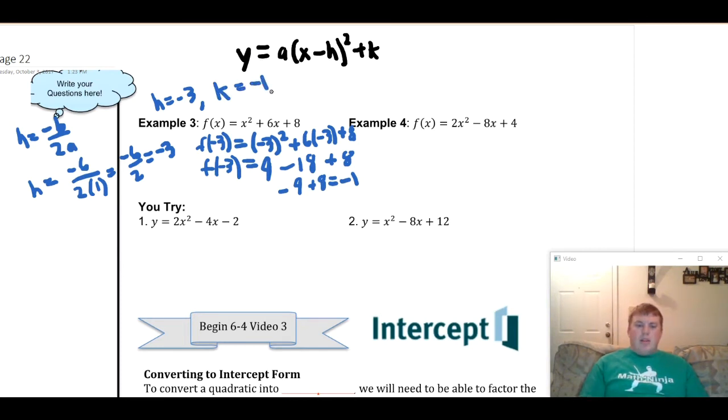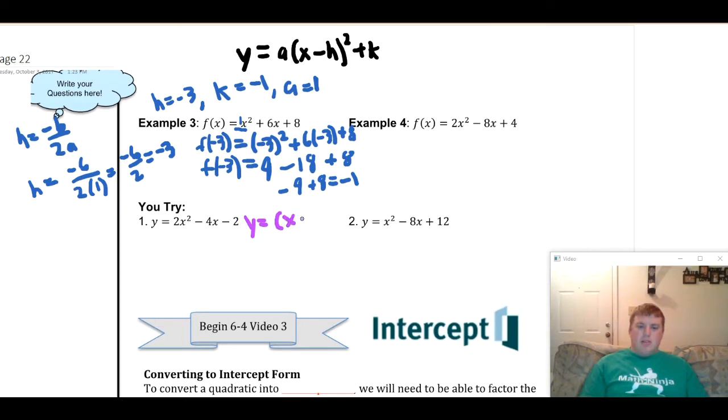Now the last thing we need is our a value, and our a value, remember, is going to be whatever it was in the original equation. So we had an invisible 1 in front there, so our a is going to be 1 here as well. So now my final step is to tie this all together and put this into the form. So I'm going to have y equals, my a is going to be 1, so I'm not even going to bother writing it.